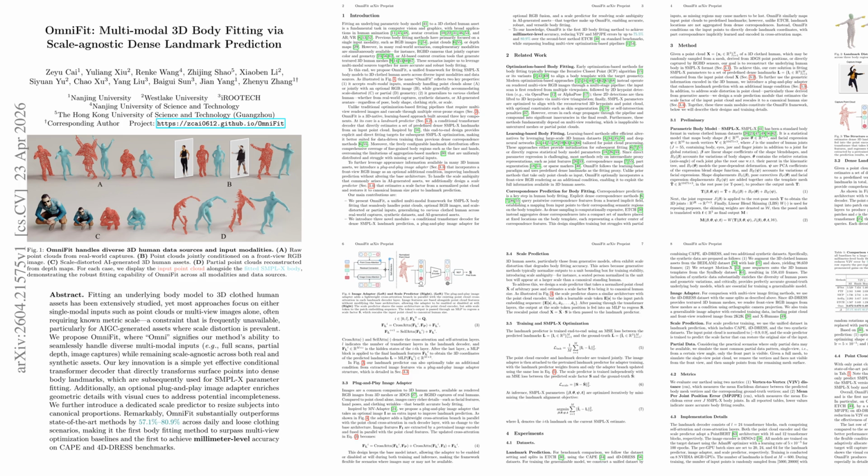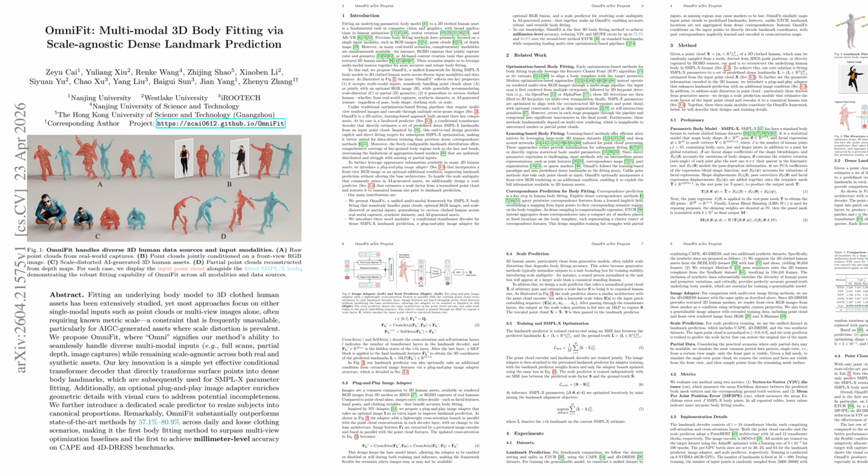On CAPE and 4D-Dress, OmniFit reaches millimeter-level accuracy and beats the previous best ETCH by 57.1% and 75.5% in V2V, and 67.1% and 80.9% in MPJPE, respectively, establishing the first reported millimeter-scale body fitting on these benchmarks.